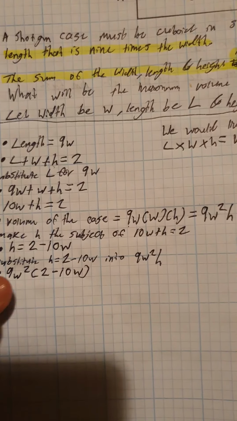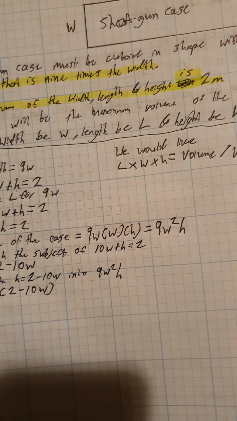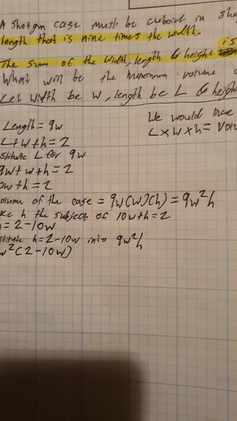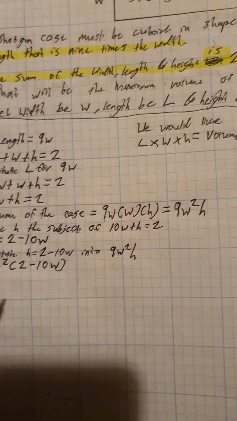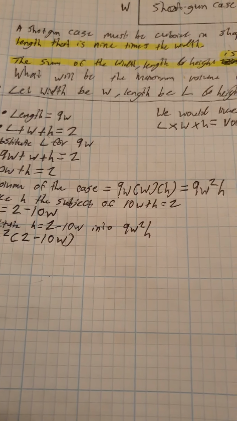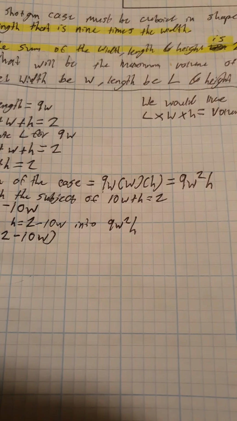Anyway, now that we've got that, we can expand this to make it a bit easier, because I don't really want to differentiate that. Let's simplify. Cool. So let's expand.